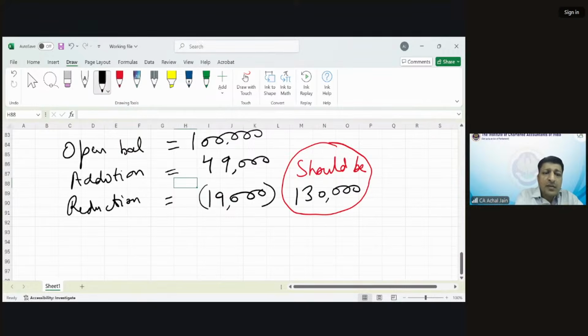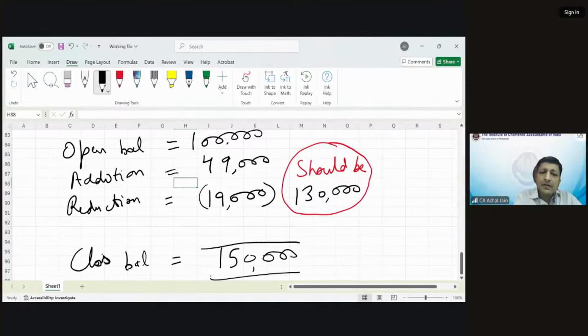So the closing balance, the question says, is 1,50,000. That's the closing balance. So how is it possible? That is possible when some returns would have got generated during the year, amounting to what? 20,000.